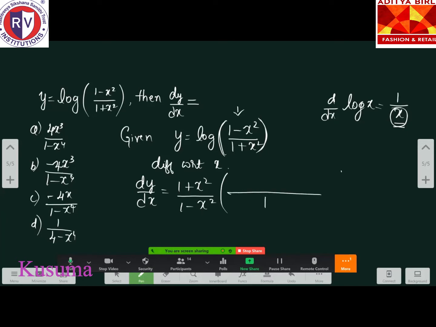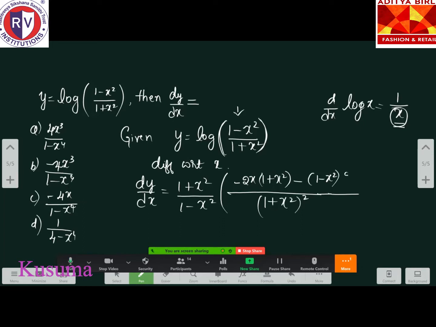Okay, in the numerator, this will be (1 plus x square) whole square into minus 2x, differentiation of the numerator, into the denominator, minus numerator into differentiation of denominator.